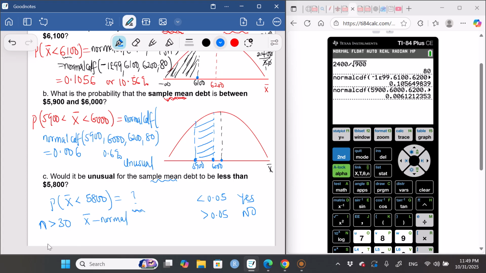Condition number two, if your observation x is normally distributed, I mean the population is normally distributed, automatically you assume that your x bar is also normal, even if your sample size is very small. These are the two conditions needed to assume normality.